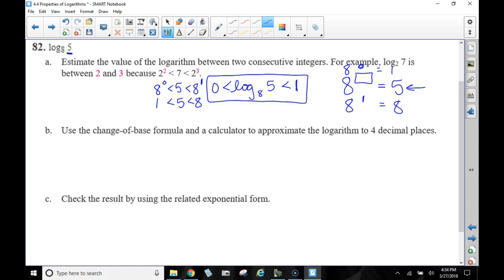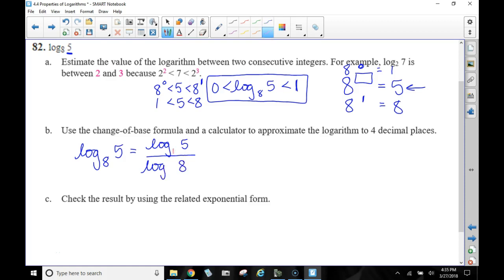Okay, so our change of base formula. We're going to calculate the log of 5 with base 8. It's a matter of choosing if you want to punch the log button on your calculator or the natural log button. It doesn't matter. I'll show you both ways. So the log of 5 with base 8 can be rewritten, remember, as the log of 5 with a new base, let's leave it as understood to be 10, divided by the log of base 8 with the new base 10.